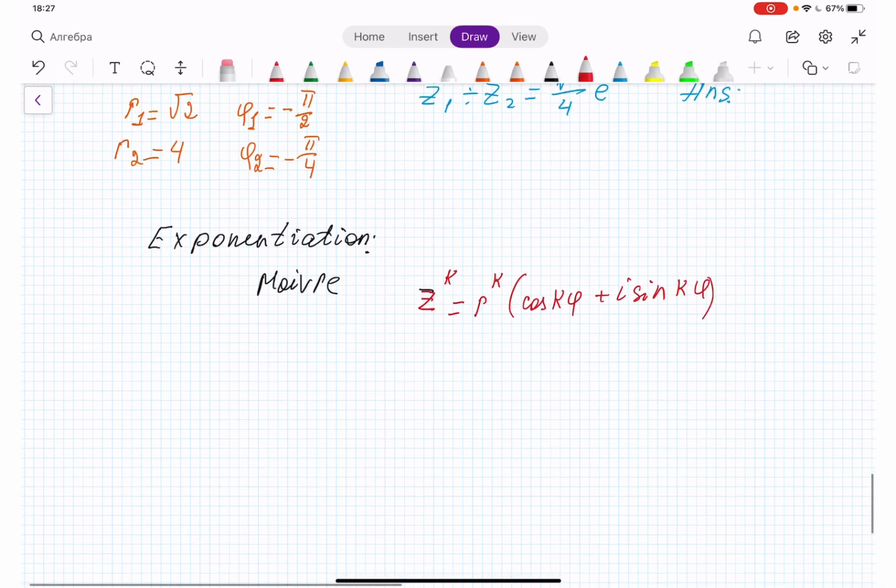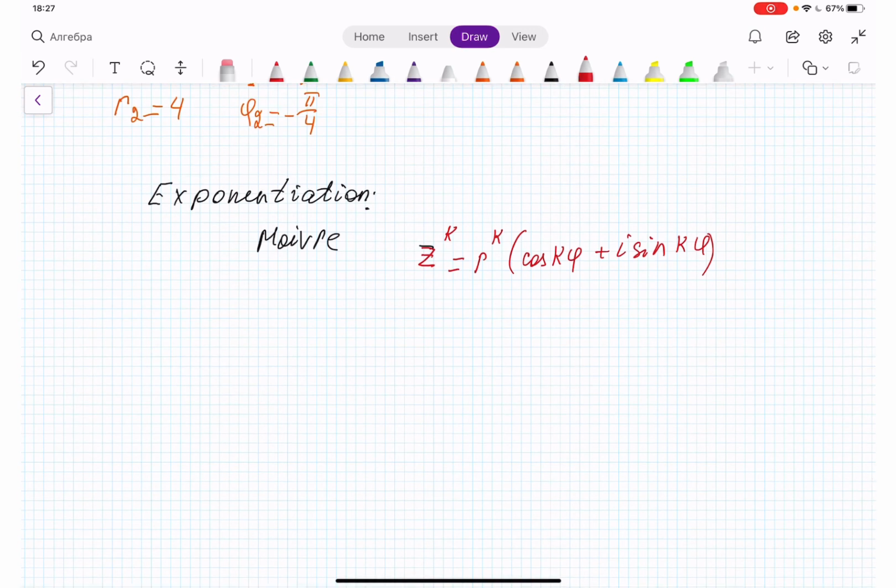Okay. And in the exponential form, the complex numbers are raised to a power using the following formula: z to power k is equal to r e to power I phi, to power k, and that is equal to r to power k e to power I k phi, and that's the formula for exponential form.